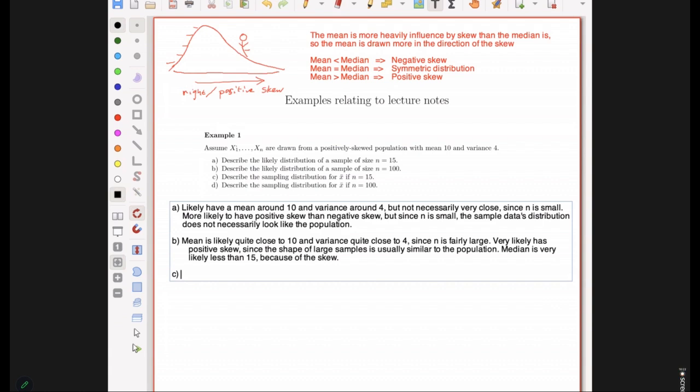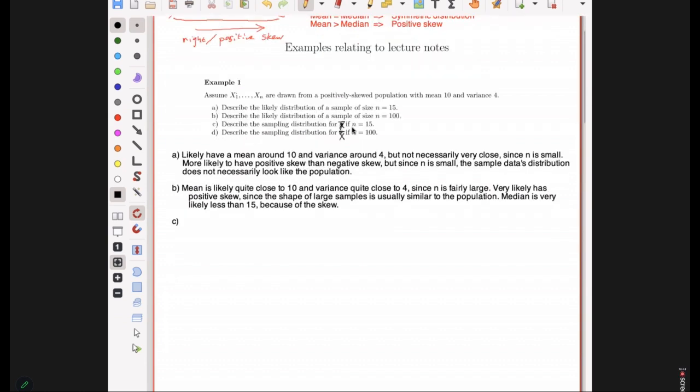X bar is not equal to mu. X bar is a random variable. So actually, these should have been capital X bar for each of these rather than lowercase, if we're following the notation, since capital letters denote random variables.